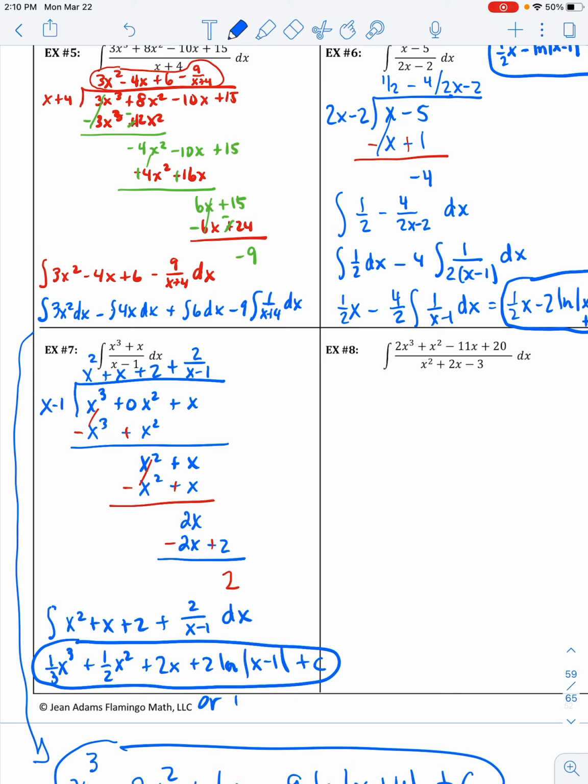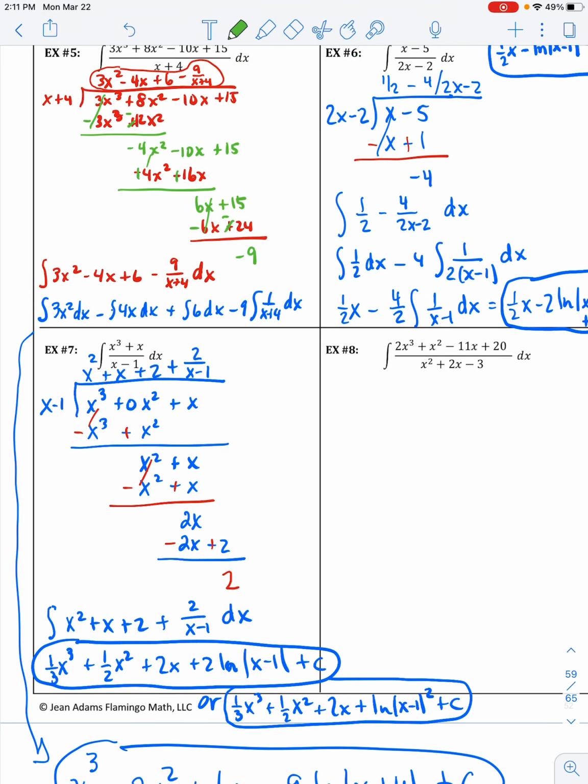Or 1/3 x cubed plus 1/2 x squared plus 2x plus the natural log of the absolute value of x minus 1 squared plus c. So that's cleaning up that logarithm.